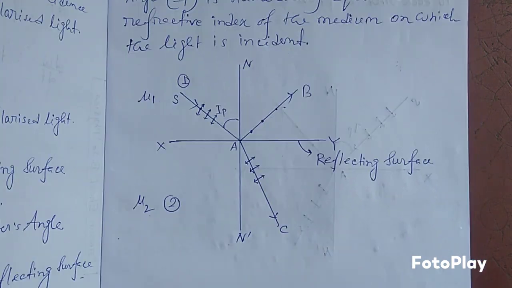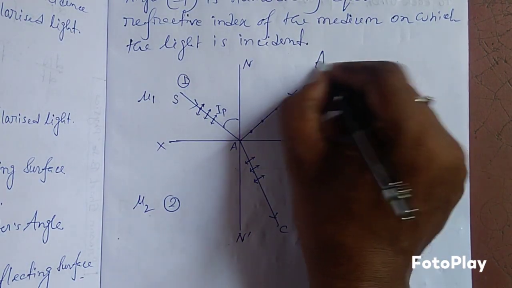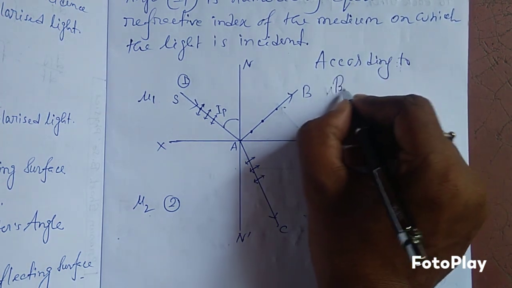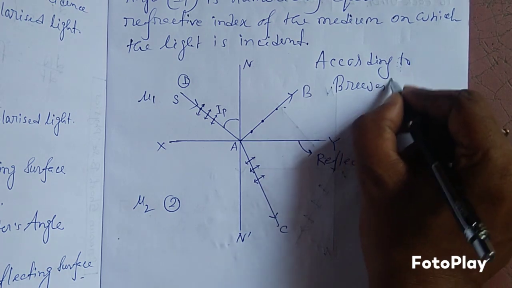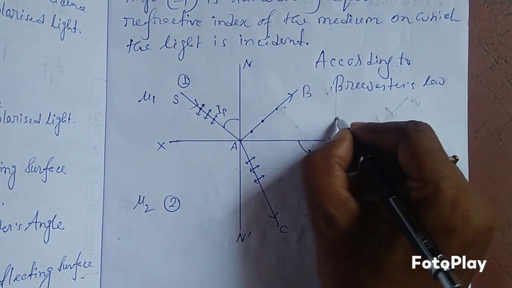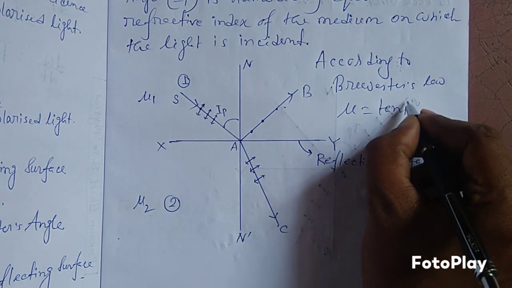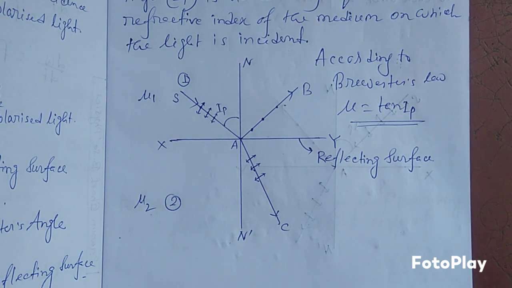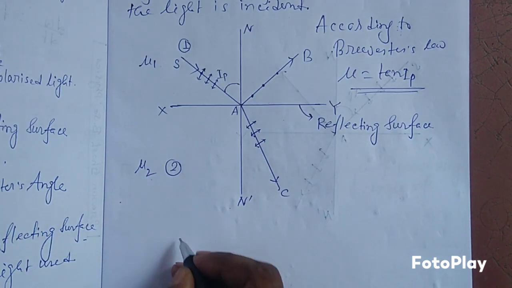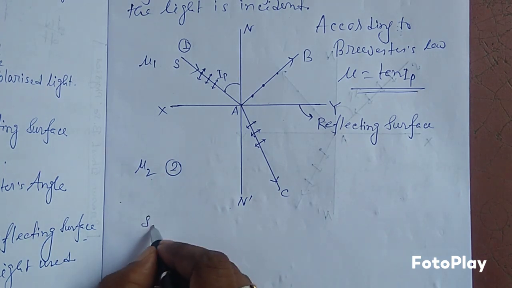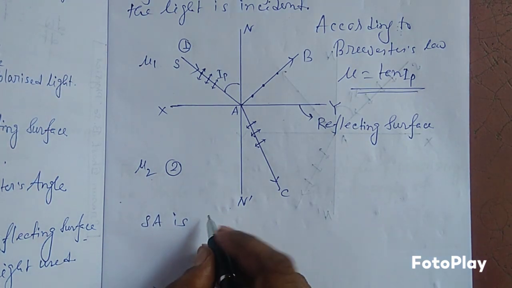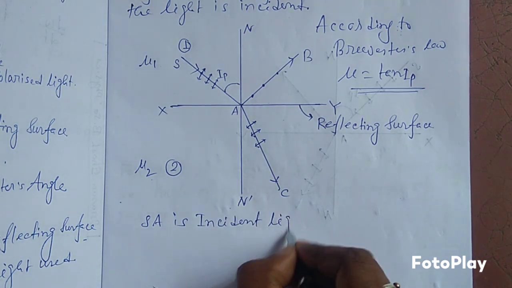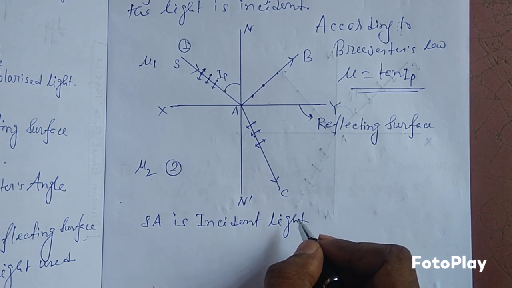According to Brewster's law, mu equal to tan IP. We have to prove this. First, SA is the incident light.